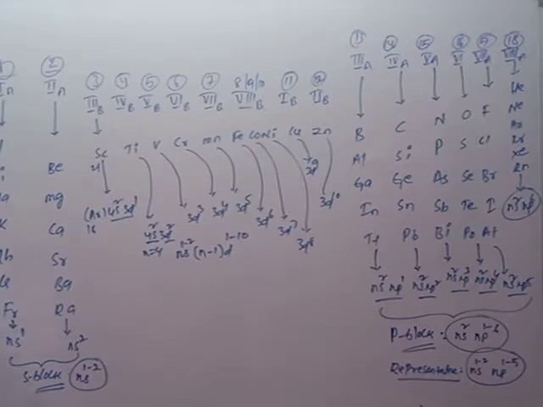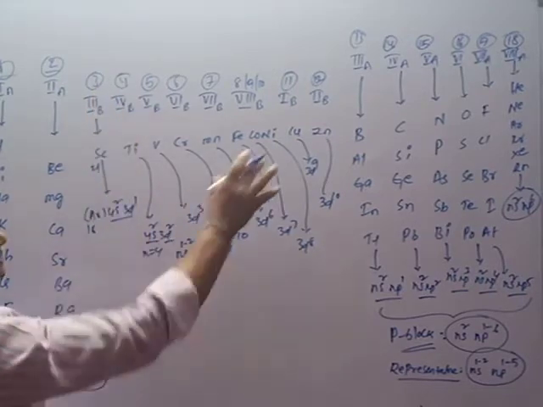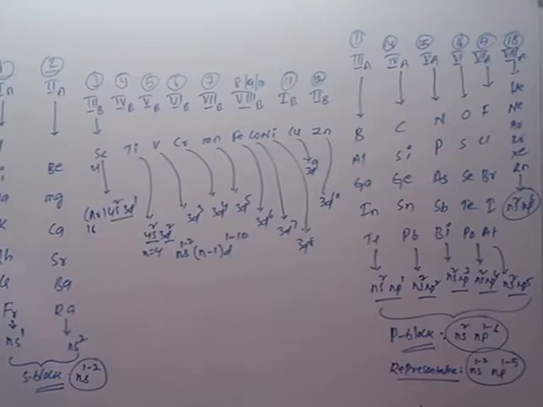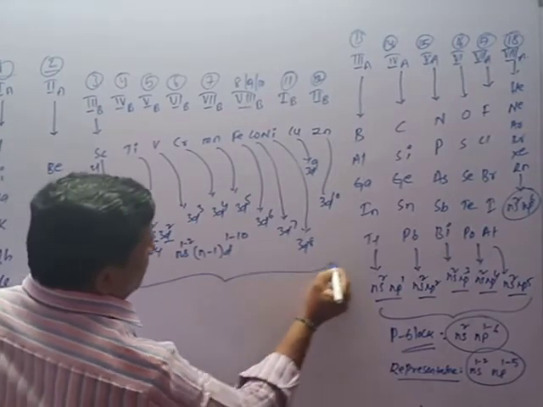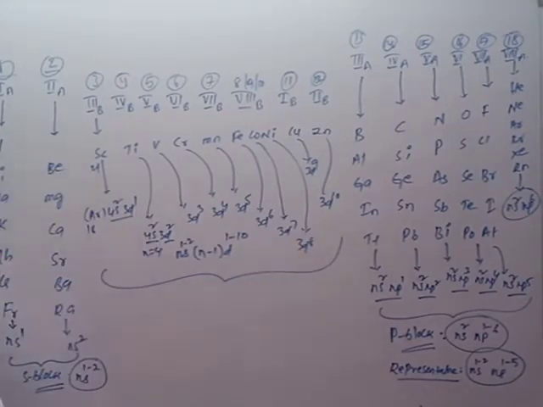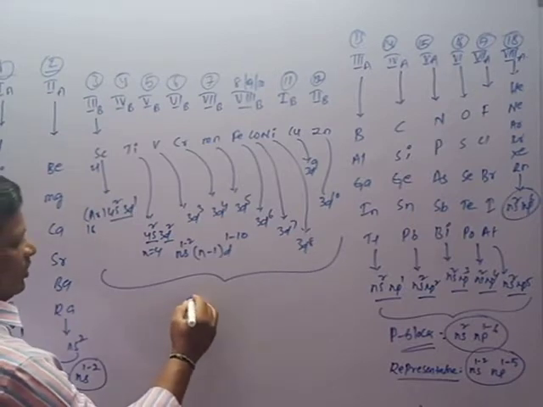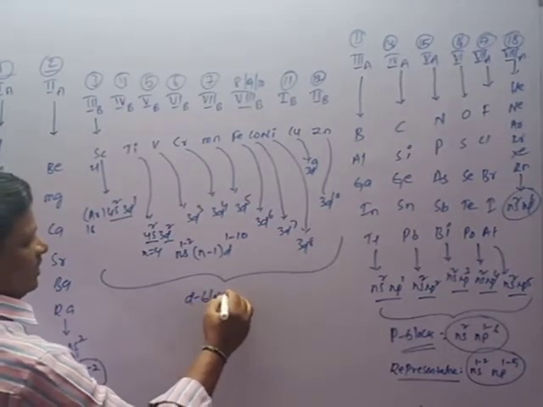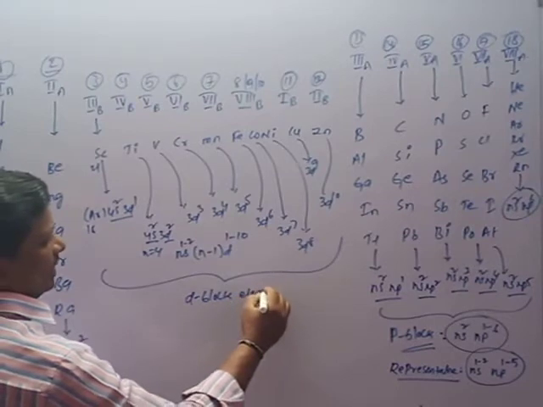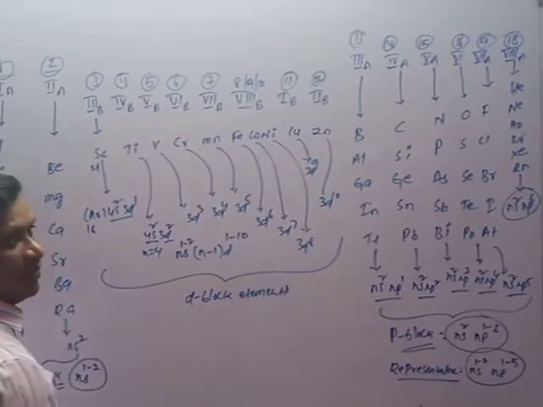From the third B group to the second B group, these elements are known as d block elements. What are d block elements?